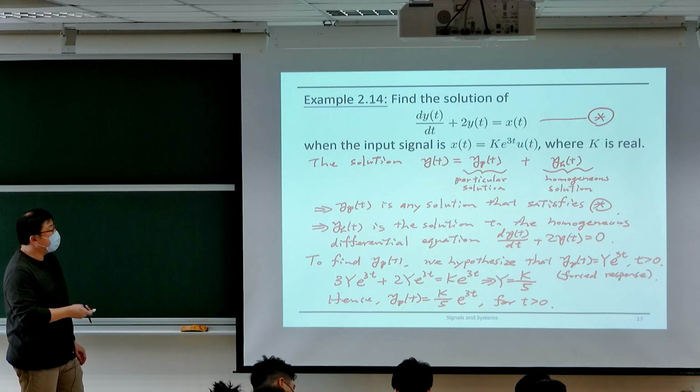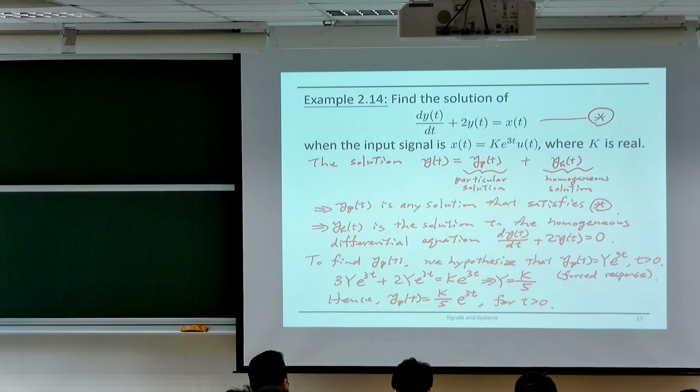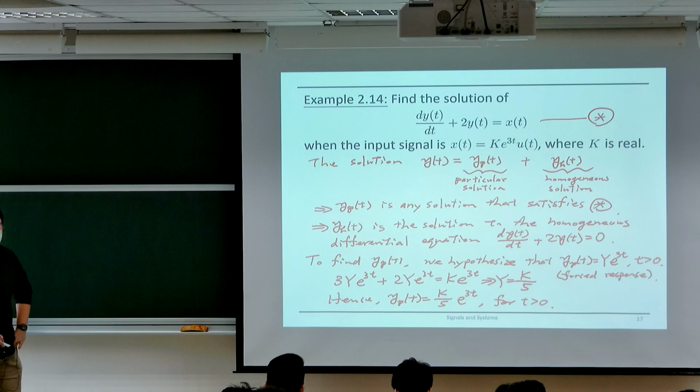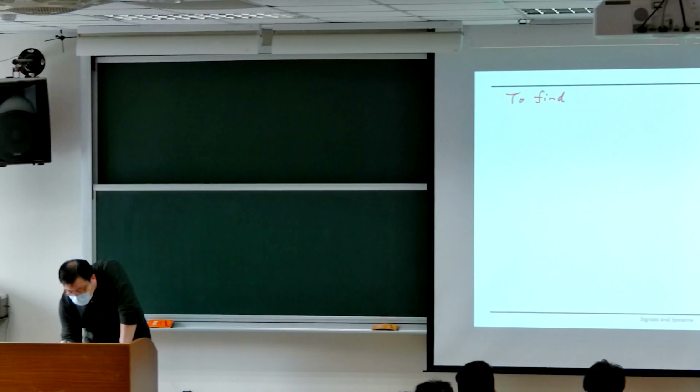Now, what we need to do next is to find this homogeneous solution. The homogeneous solution is the solution to this homogeneous differential equation, the equation with a 0 on the other side. To find this homogeneous solution, we also make a guess, and a common guess also takes on this exponential form.